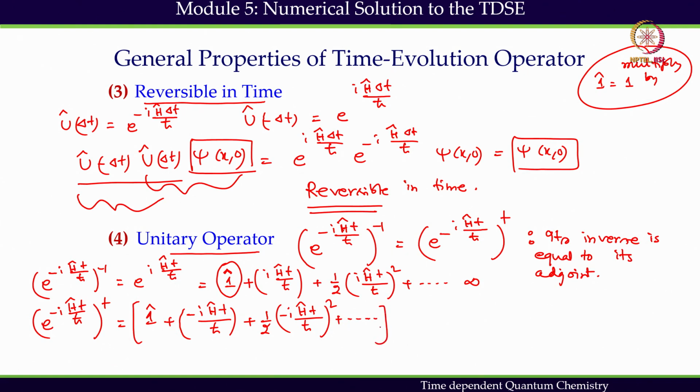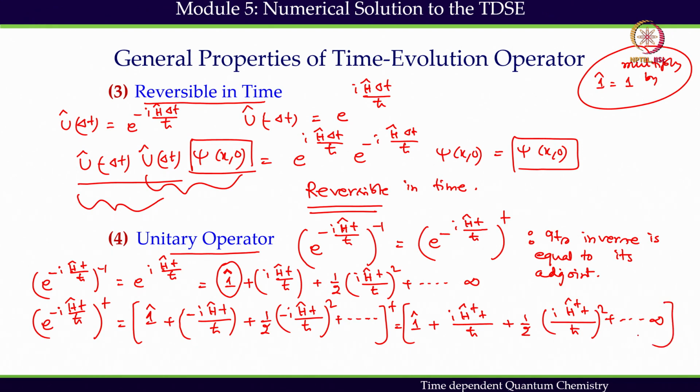So, the entire term I have to consider adjoint, and we have learned from the previous module that if I make adjoint, it is going to be 1 plus h adjoint t by h cut plus half i h adjoint t by h cut whole square like this.